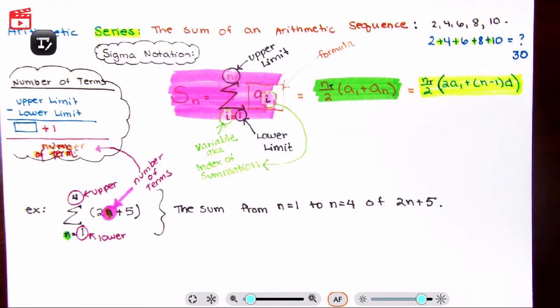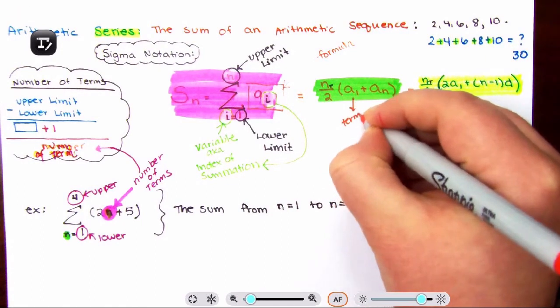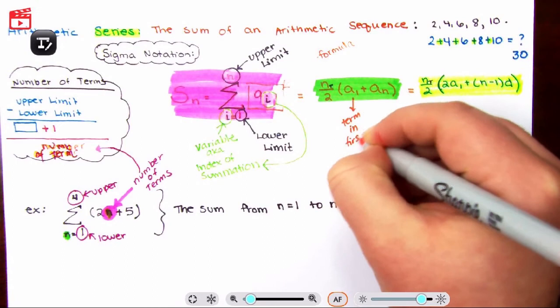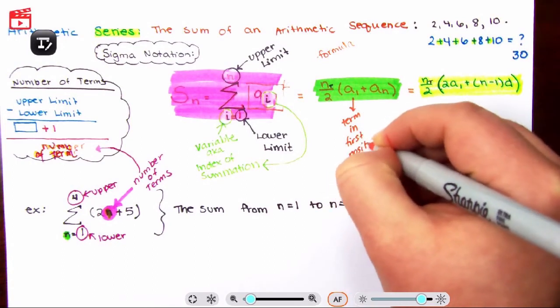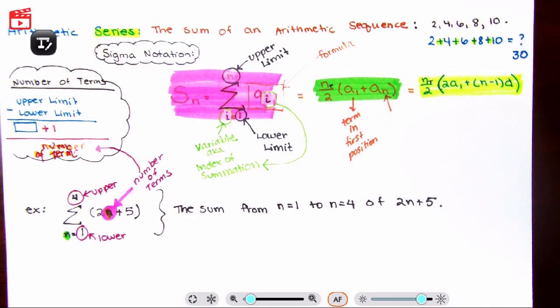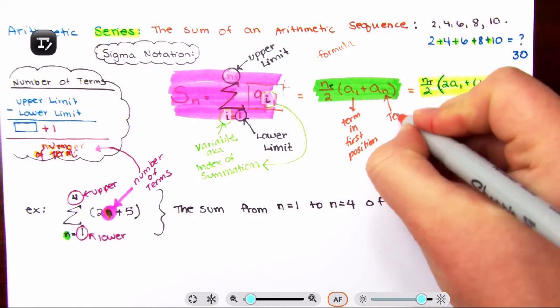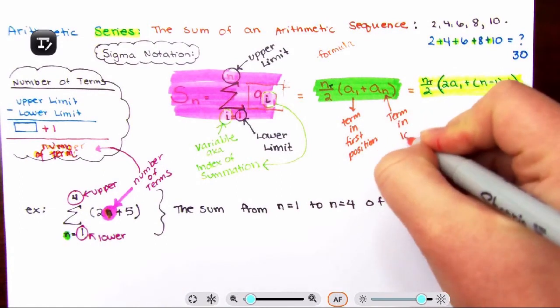Now, we already know what a sub 1 is. A sub 1 is your term in the first position. This right here, the a sub n, that's going to be your term in the last position.